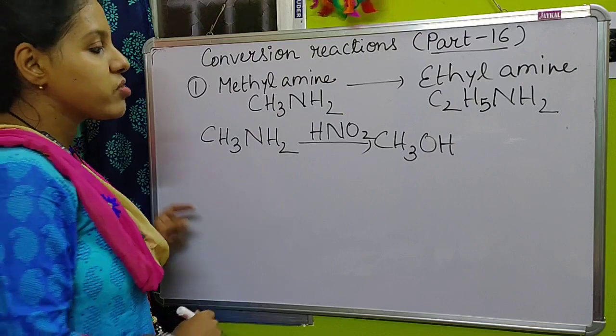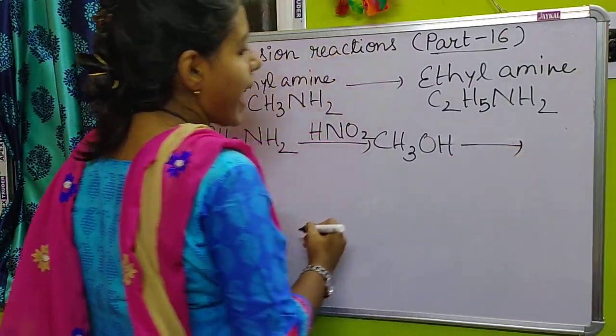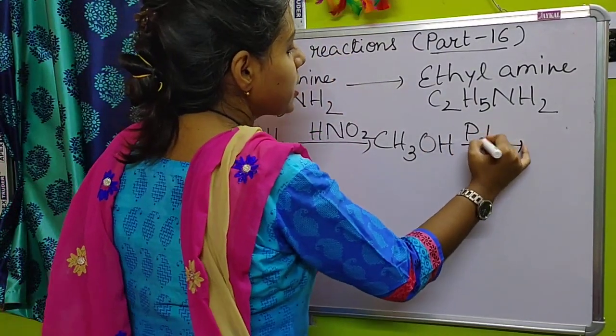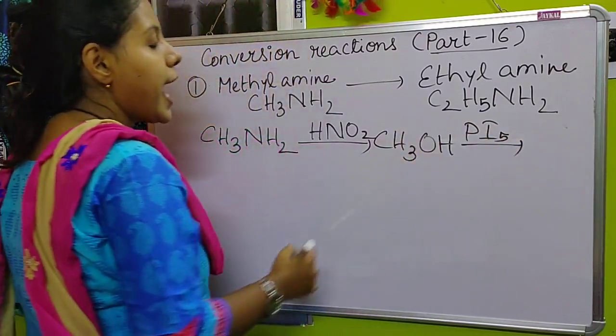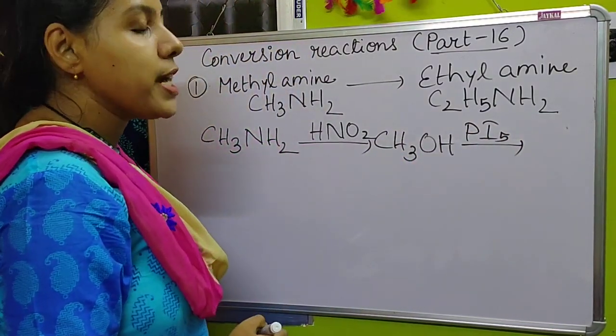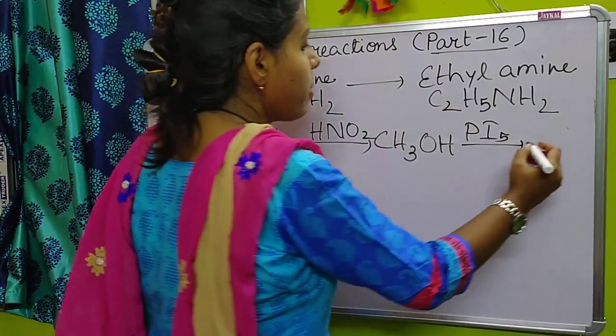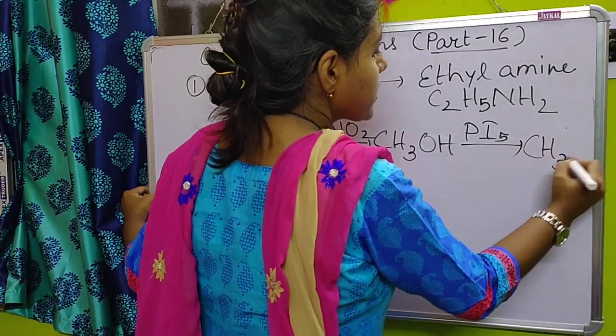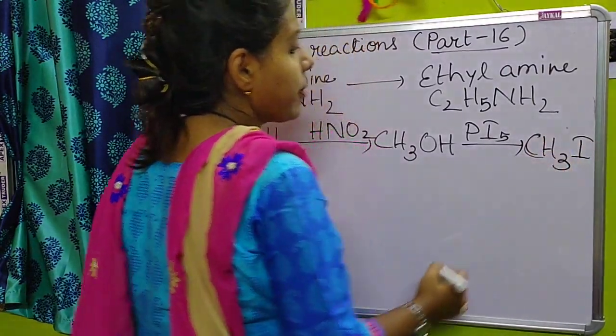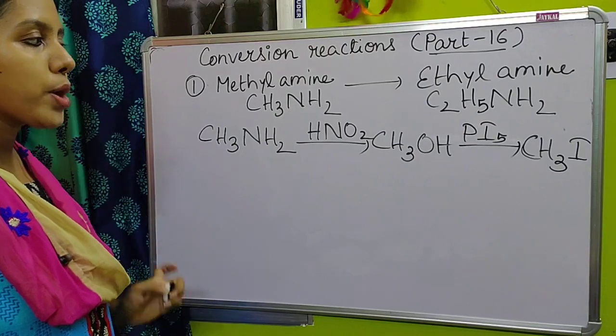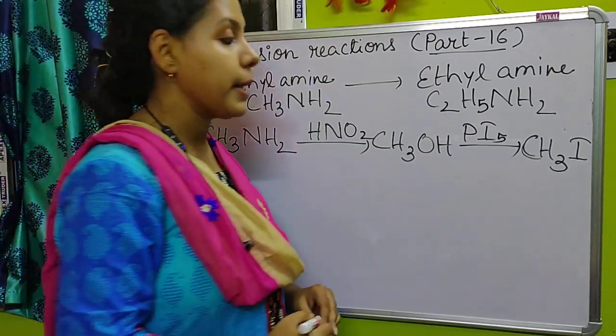It will make CH3OH here. Then we add an iodide, so I am adding phosphorus pentaiodide. Methyl iodide, CH3I, will be produced from here.